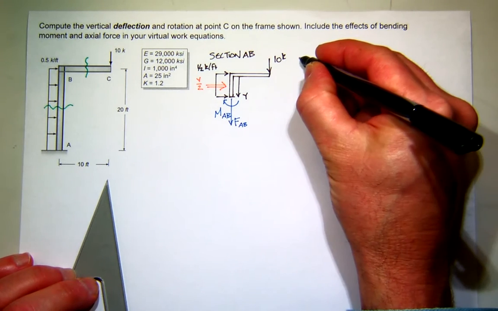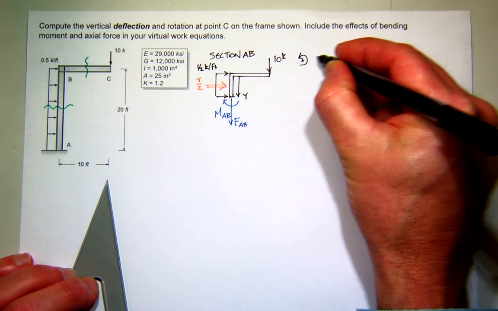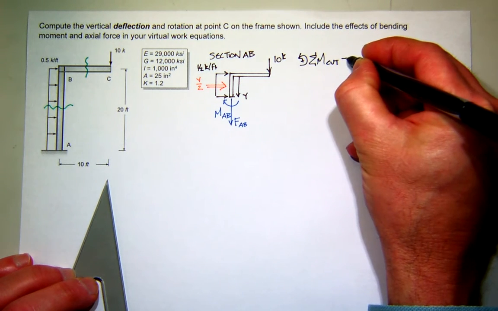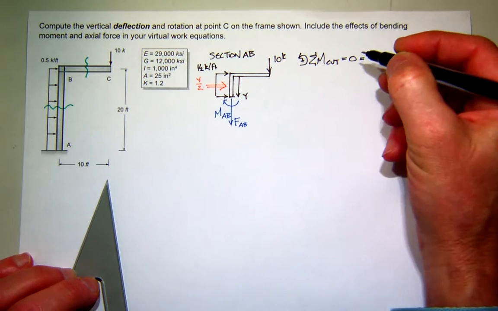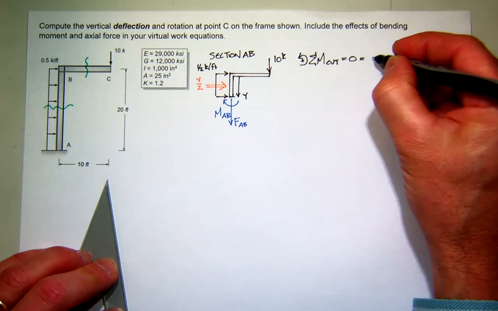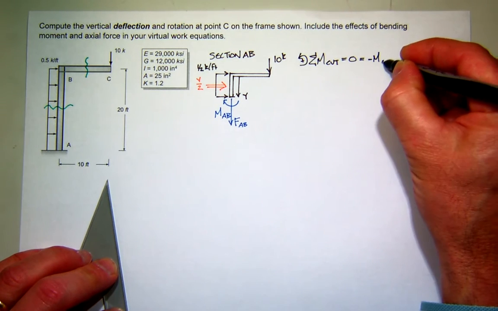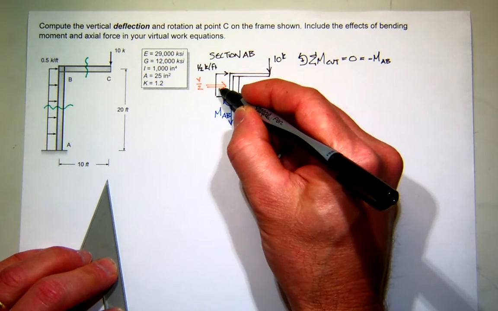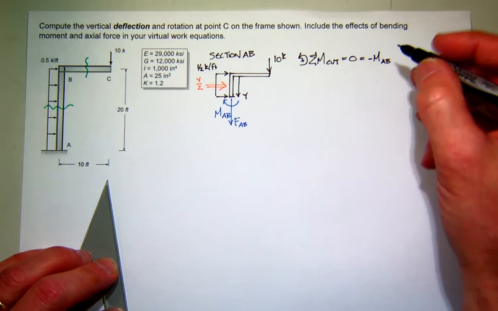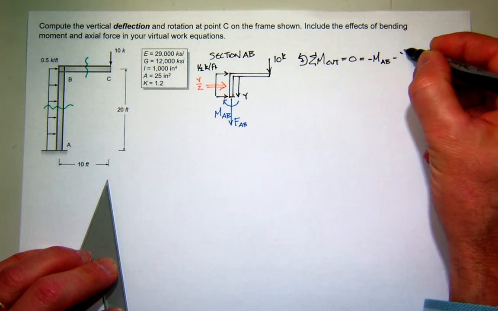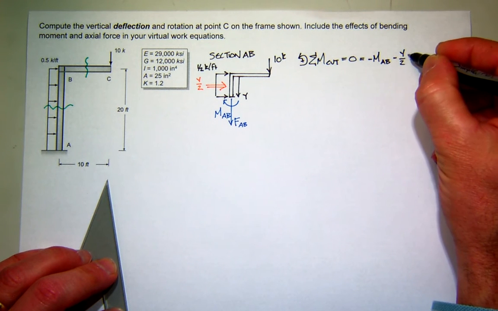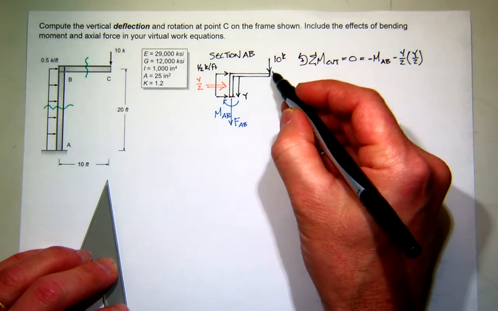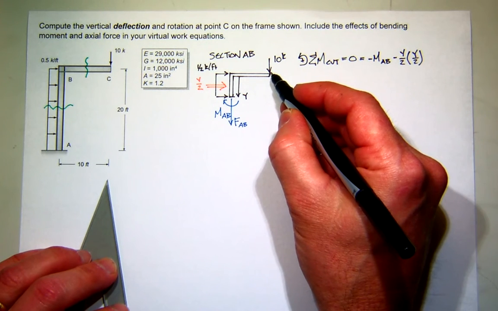So now I'll sum moments about the cut. Make sure it's in equilibrium. And what do I have? Well, I have my internal moment, which is negative. I have the moment due to the applied load, which is also negative. And it has a force of y over 2 with a moment arm of y over 2. Then I have my 10 kip force out here on the free end.